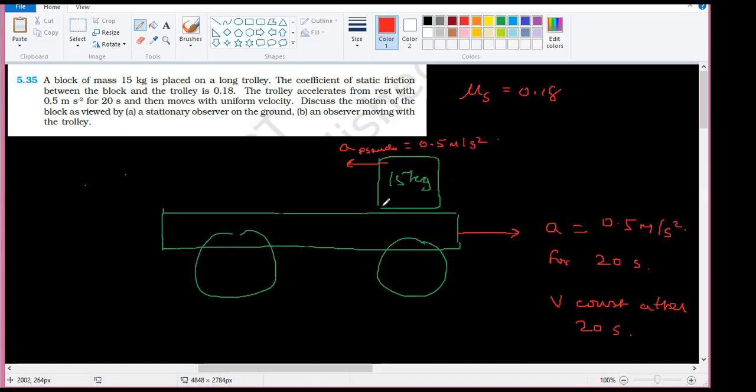If the block is trying to move backwards, the friction will be acting forward. So the friction is what is keeping the pen and the paper together. Similarly, the block and the trolley. So F friction is equal to mu into N. Mu is 0.18. N is normal reaction, 150.